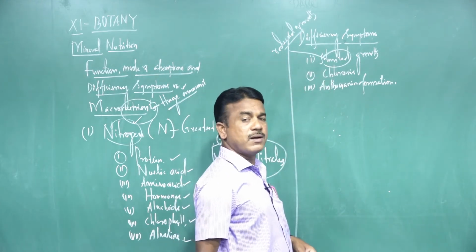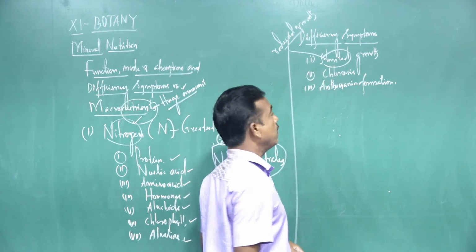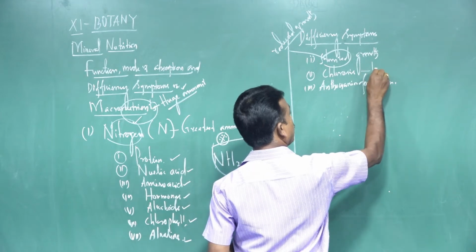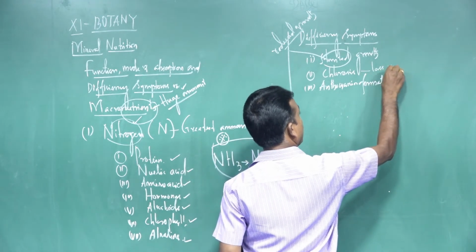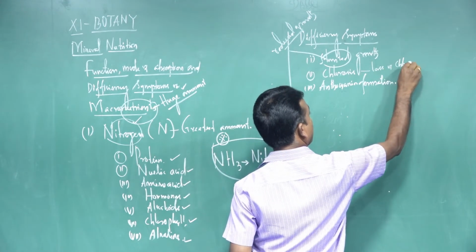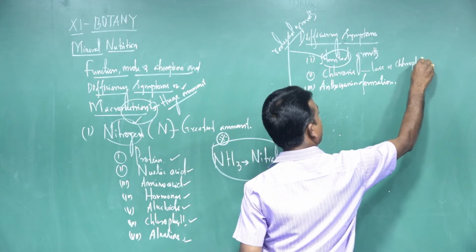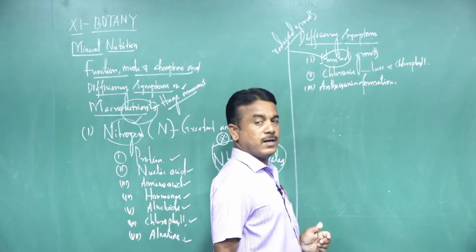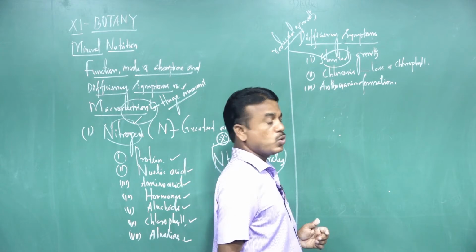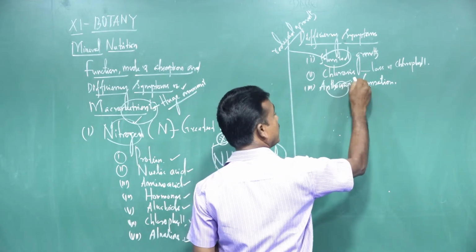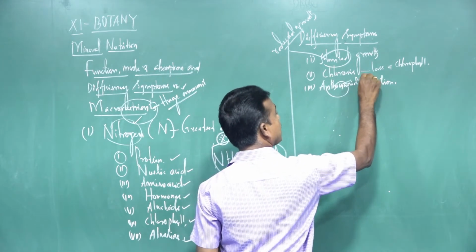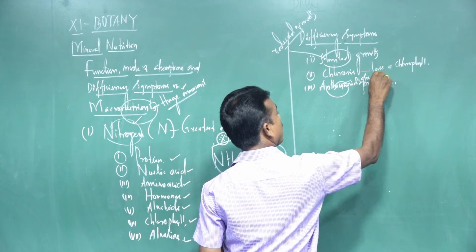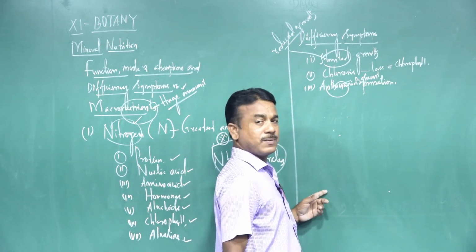What do we mean by chlorosis? That means loss of chlorophyll. What do we mean by anthocyanin formation? Anthocyanin is a kind of colored pigment.